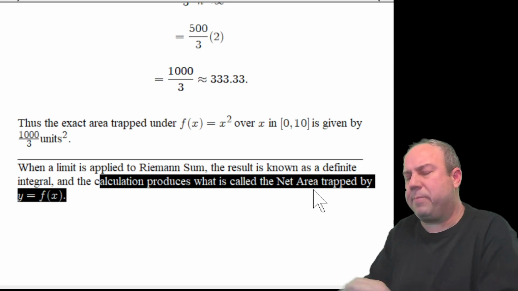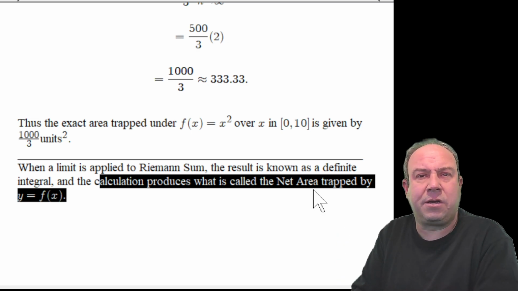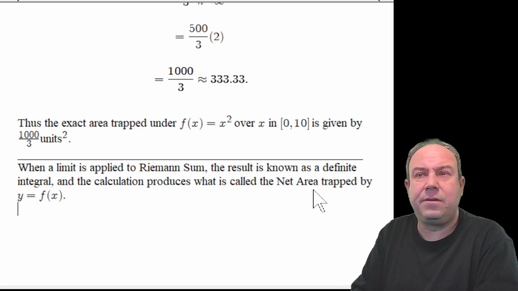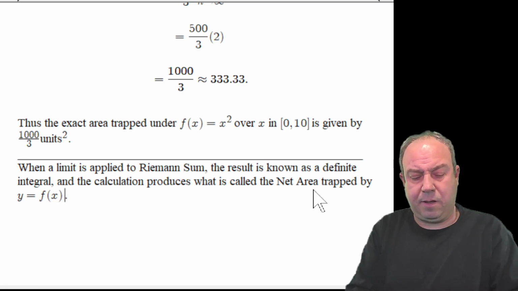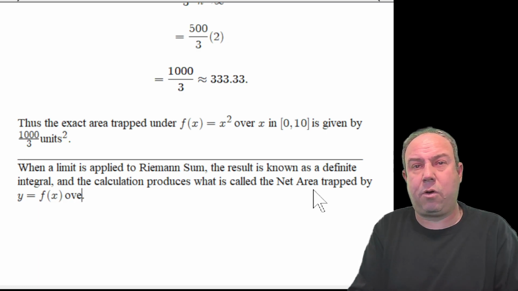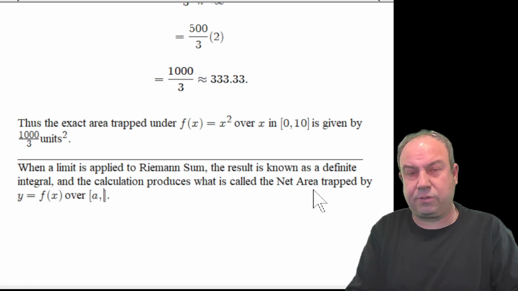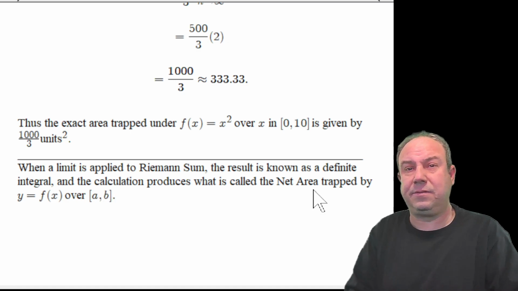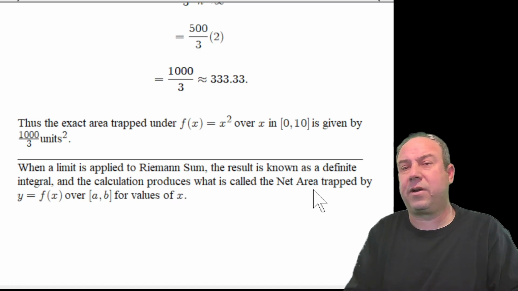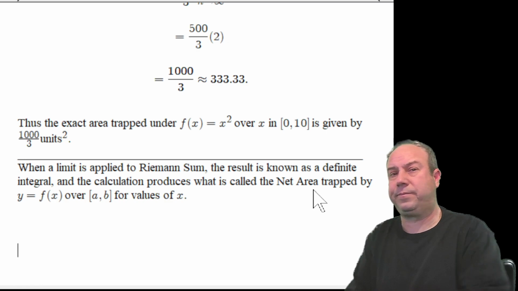A net area trapped by our function over that closed interval from A to B. Right? I should probably say here, over the closed interval from A to B, for values of our independent variable x.